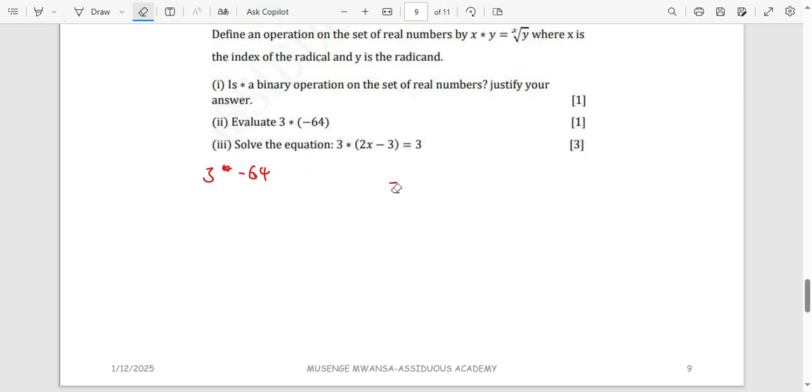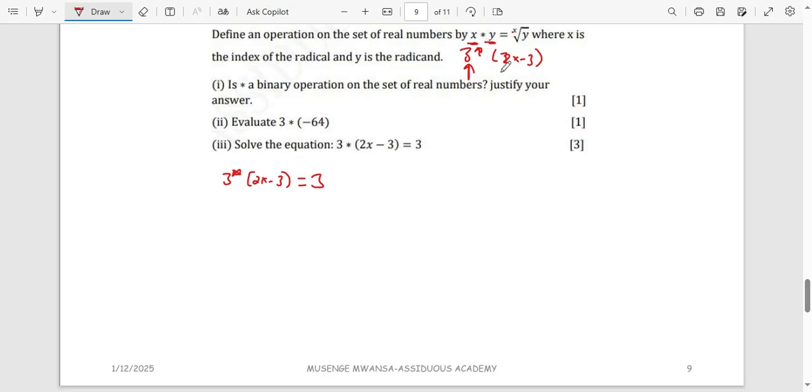And then number 3, solve the equation 3 star 2x minus 3 is equal to 3. So we have got 3 star 2x minus 3. The meaning is that where there is x, we are now going to put 3.